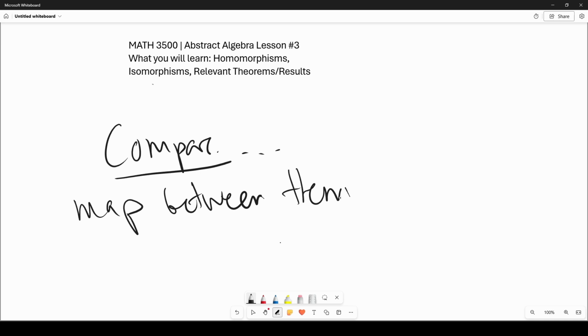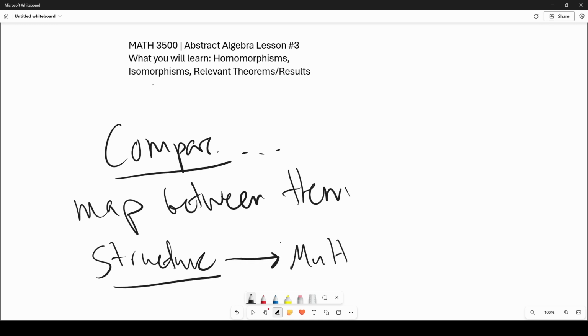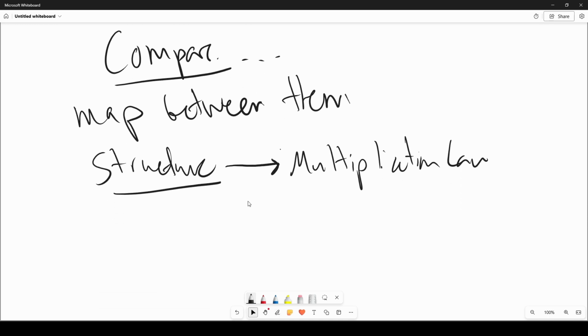So when we want to find when two groups have the same structure, we're looking for a map between them that has a certain property. Now, the structure of a group relates to its multiplication law and the elements in the group.